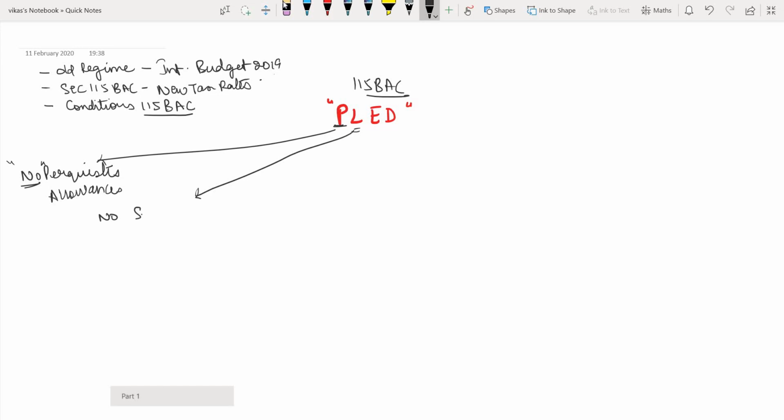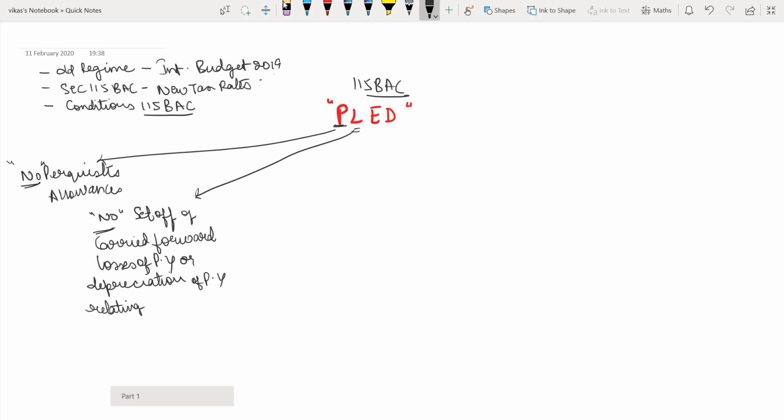No set off of carried forward losses of previous year or depreciation of previous year relating to those deductions which are not allowed while computing total income under section 115 BAC.